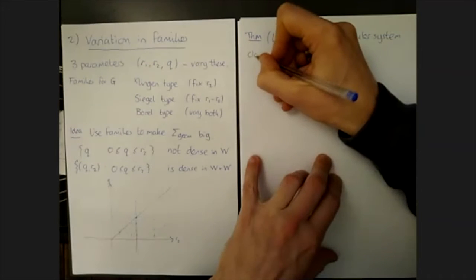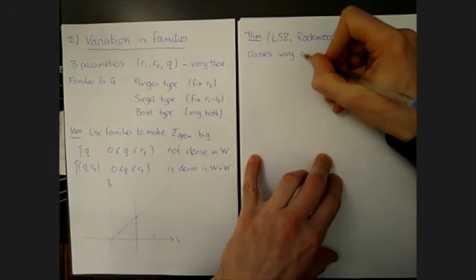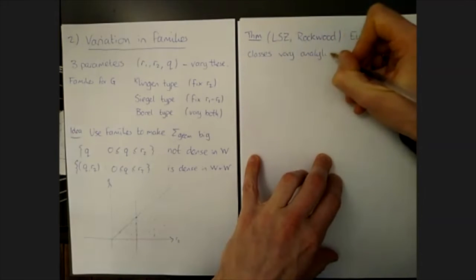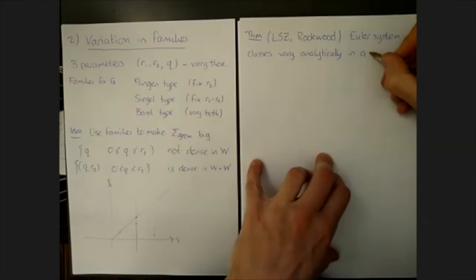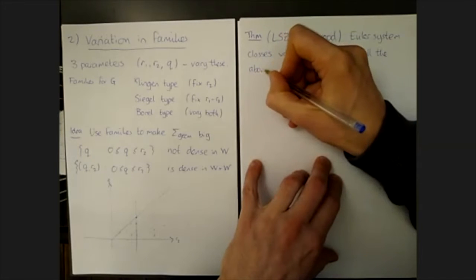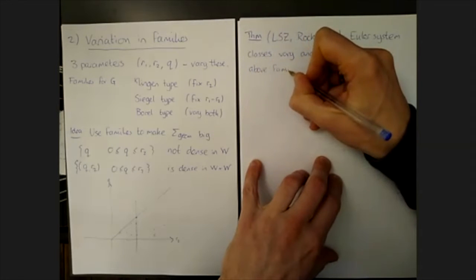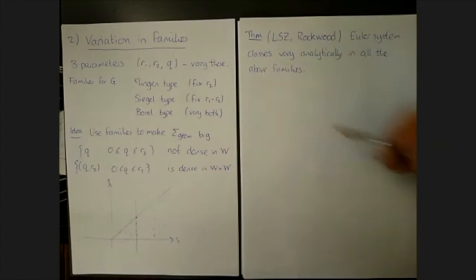The Euler system classes vary analytically in all of the above kind of families. So we check this in the LSZ paper for Siegel type families.